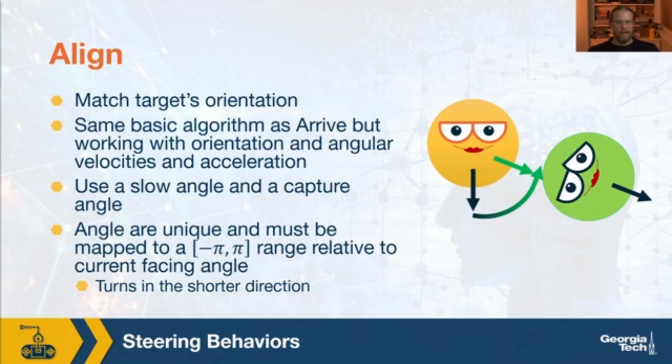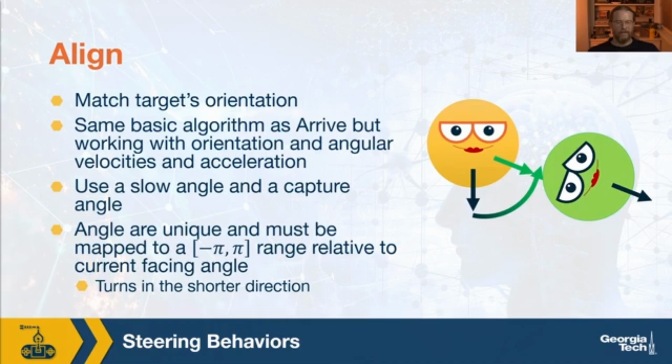So it's the same basic algorithm as Arrive, but we're working with orientation and angular velocities and angular acceleration rather than positions. So the general technique is very similar. And we'll use a slow down angle and a capture angle.